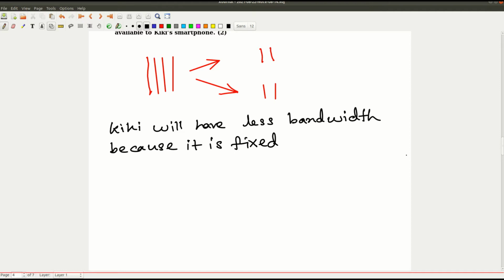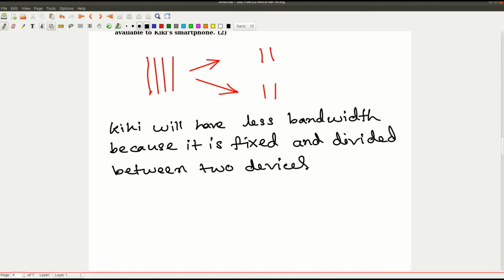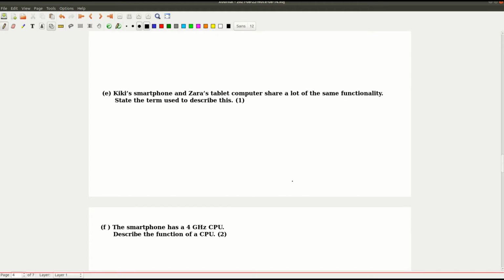Because it is fixed and divided between two devices, right? Two devices.